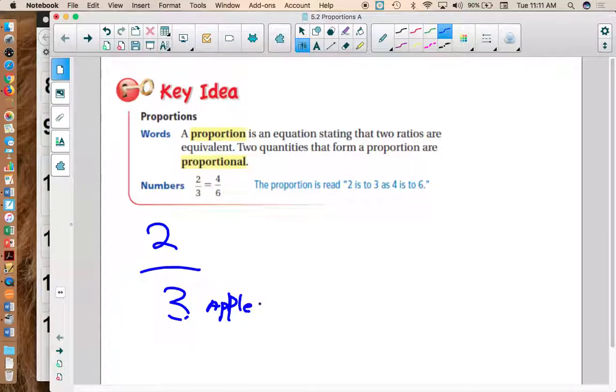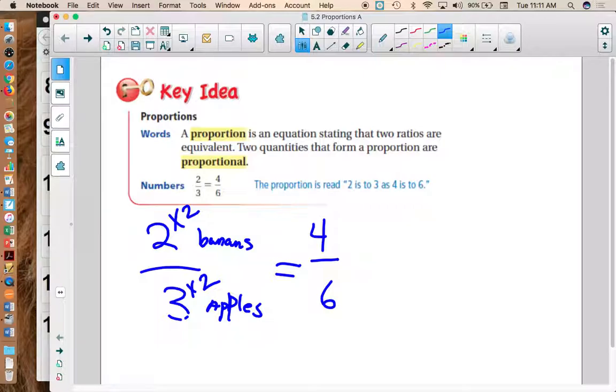These are apples and these are bananas. And I increase my bananas by 2. So now I have 4 bananas. Then I would have to have 6 apples. All I'm doing is working that fraction and writing an equivalent fraction.